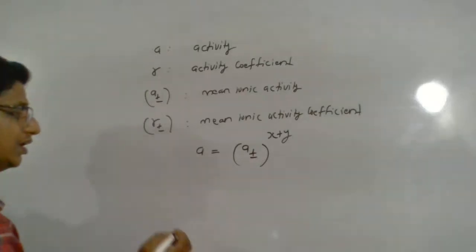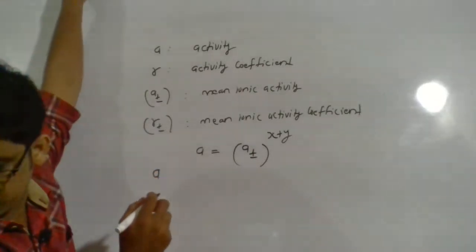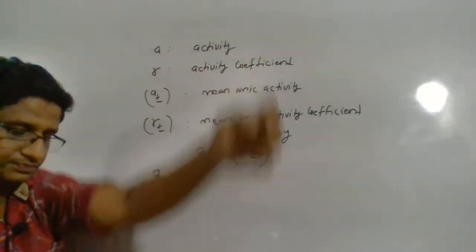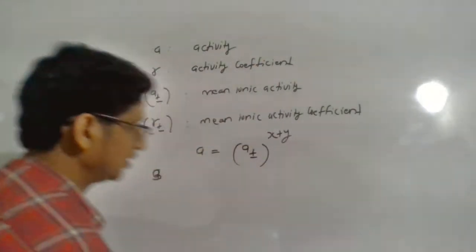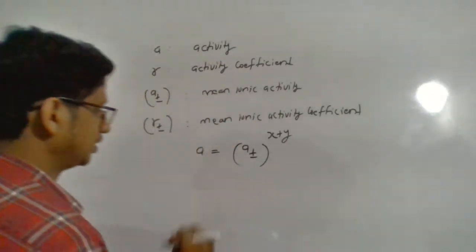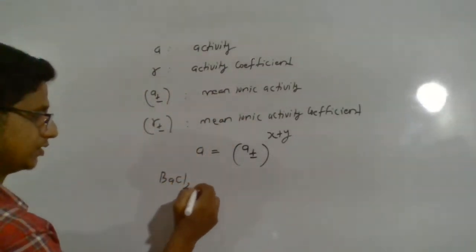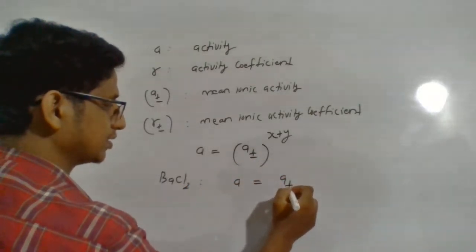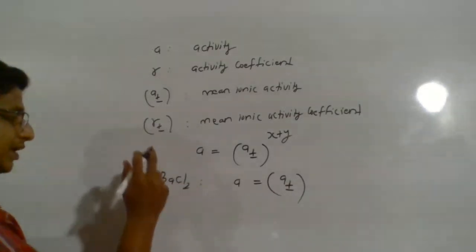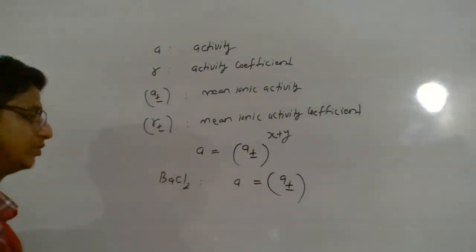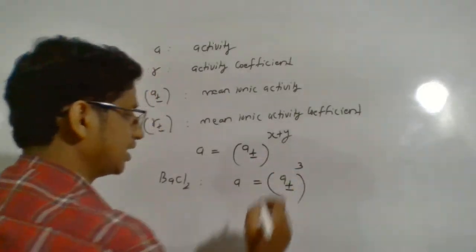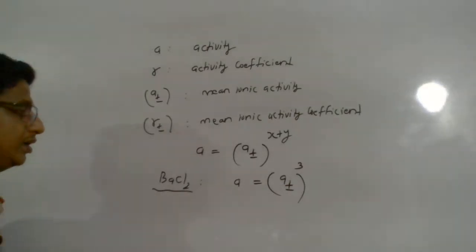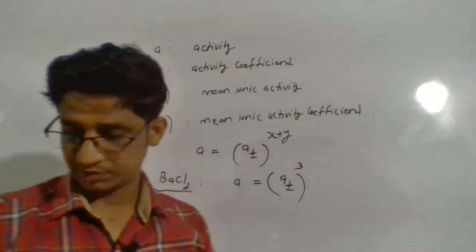So if a particular electrolyte, say CaCl2 or BaCl2, barium chloride, you can find the activity by a plus or minus raised to x plus y. It will be 1 mole of barium and 2 moles of chlorine, so x plus y will be 3. So depending on the electrolyte, you can find the activity of a particular component using this equation.